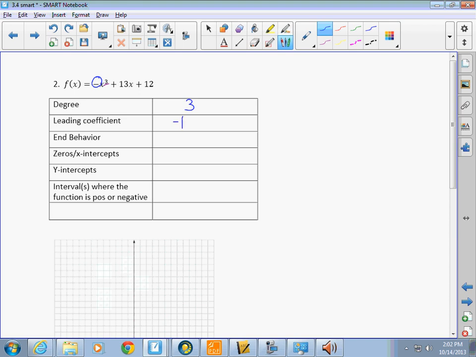Degree 3 and a negative coefficient means that for a degree 3, it should have been doing this if it was positive, but because it's a negative, it's going to go like that. So my end behavior then is that it's going to be going up in quadrant 2 and down in quadrant 4.